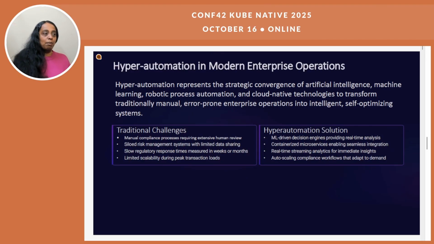So hyperautomation refers to the strategic convergence of artificial intelligence, machine learning, robotic process automation, and cloud native technologies to transform manual, error-prone enterprise operations into intelligent, self-optimizing systems. The transformation enables financial institutions to process thousands of compliance checks simultaneously.